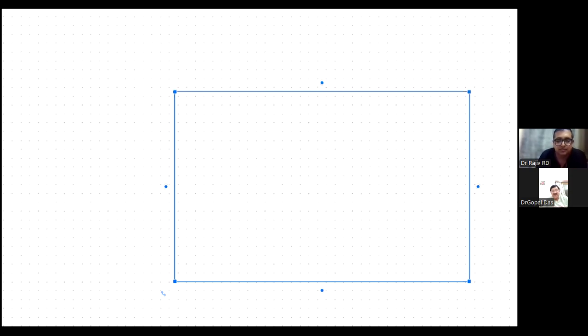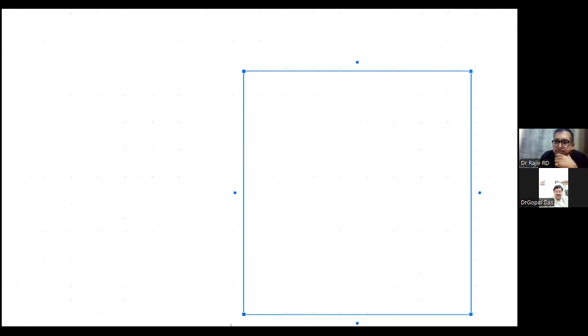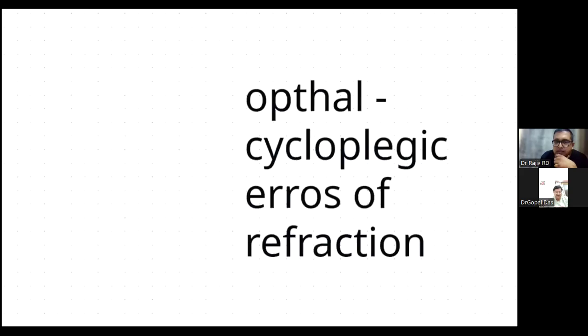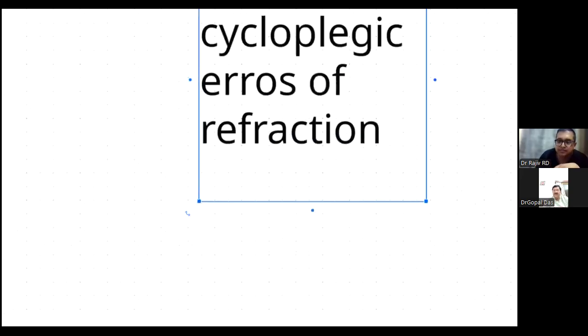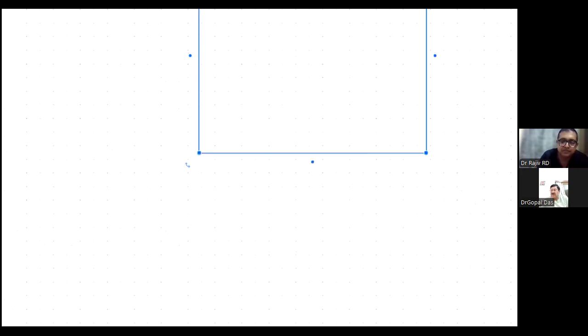Just opposite in hypermetropia, the eyeball is small, light gets focused behind the retina, and it is corrected by placing a convex plus lens. Myopia is the most common refractive error. This is very important.